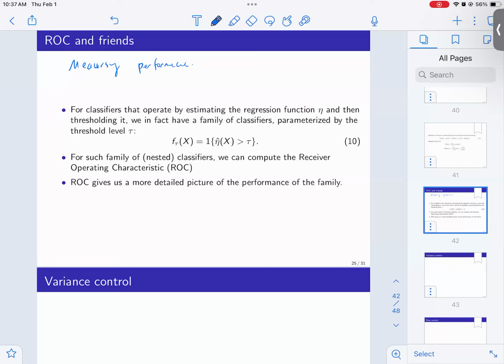One thing we can do with classification, if you remember, is we had this loss, which is how we measured, y minus y hat. That was our risk of a classifier.